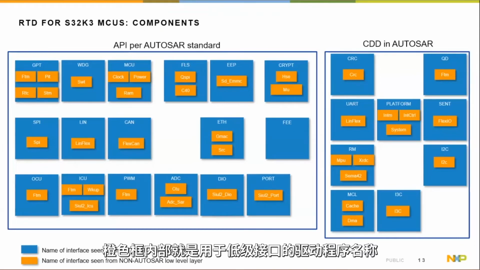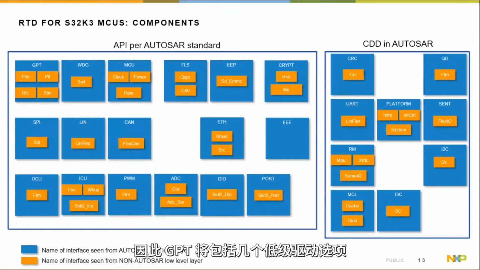The orange boxes within that would be the driver names as they are viewed by the low-level interface. Therefore, GPT would include several low-level driver options: the FTM flex timer module, the periodic interrupt timer, PIT, real-time clock, etc.